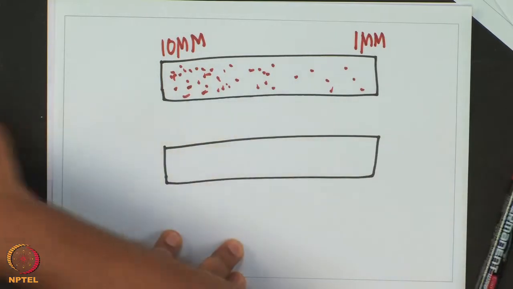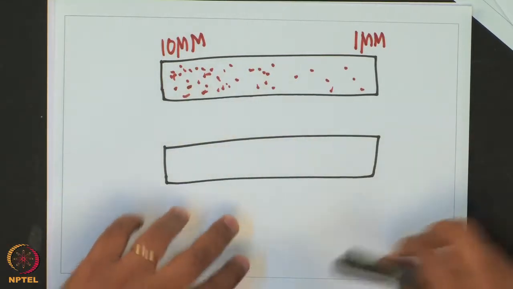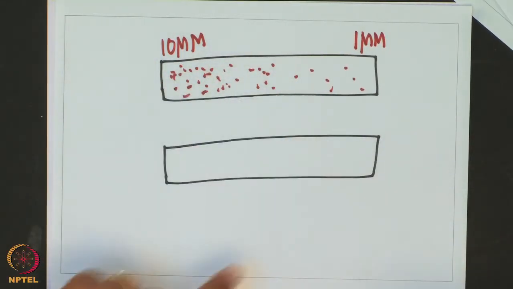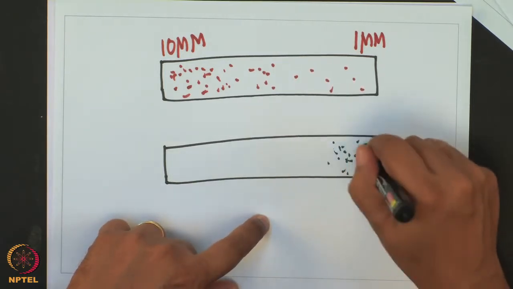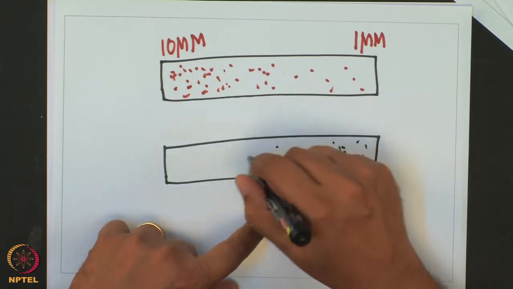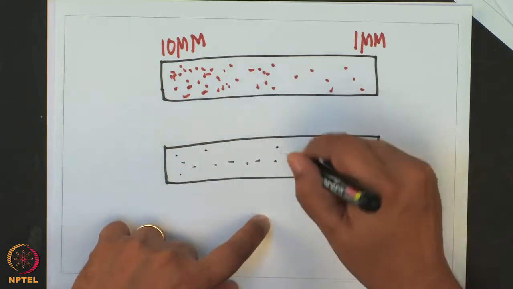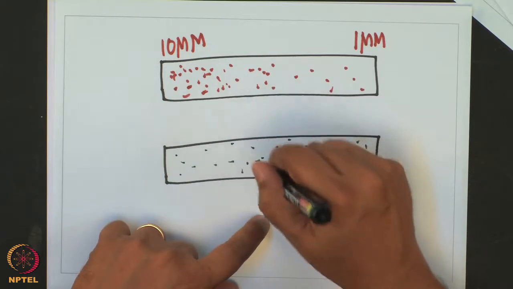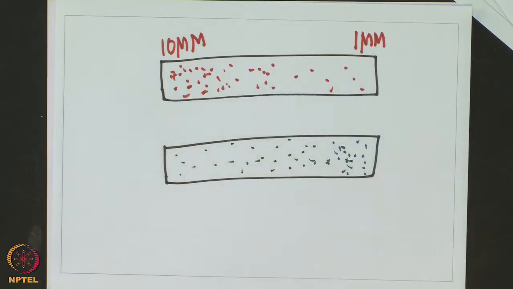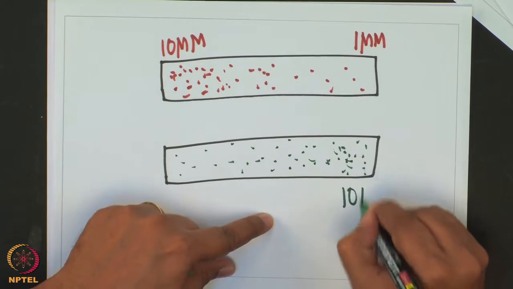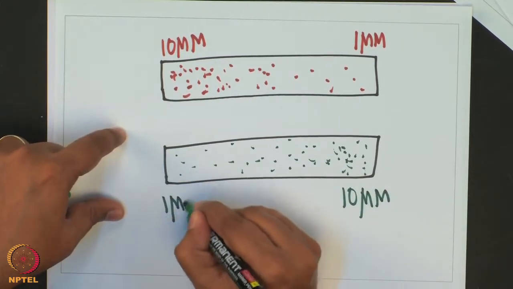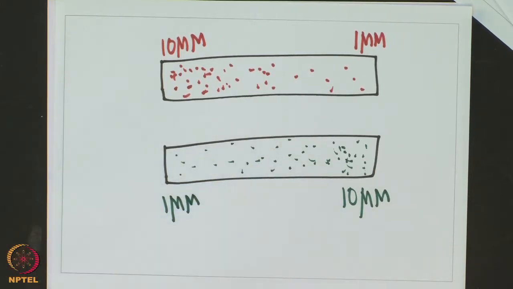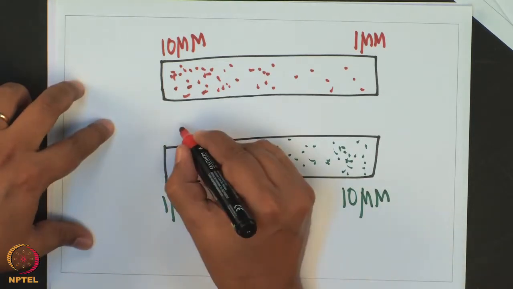And let us think of the opposite here, which is very high concentration here, and as I go along, little here. So here, this is 10 micromolar and 1 micromolar.